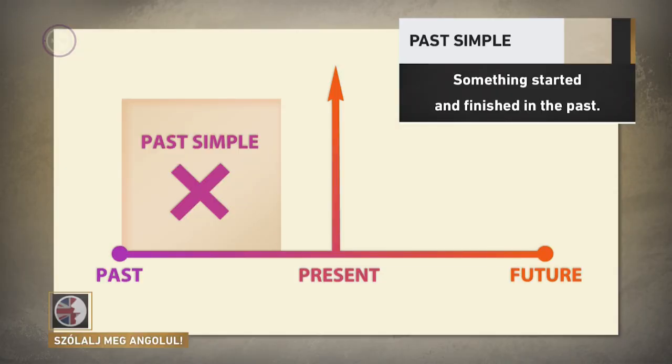That's all. Think about the past simple for a moment. When we use the past simple, we're telling people about something which started and finished in the past. When we use the present perfect, however, we're showing that there is a connection between the thing that happened in the past and now.